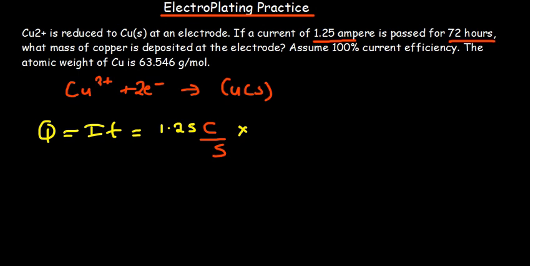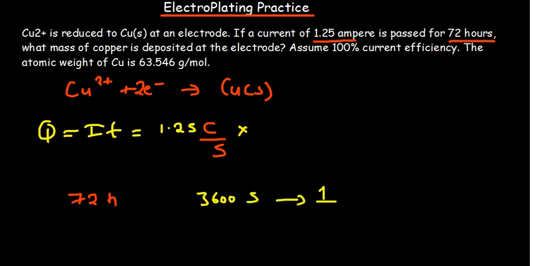So we need our time to be in seconds. We've been given 72 hours. In an hour you have 60 minutes, and in every minute you have 60 seconds. So to determine how many seconds are in an hour, we say 60 times 60, so we have 3600 seconds in an hour.